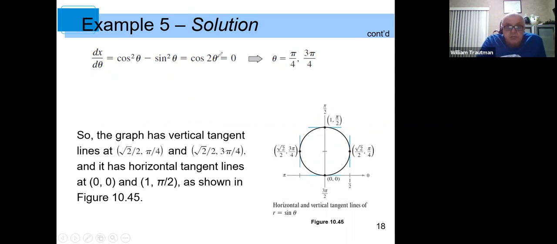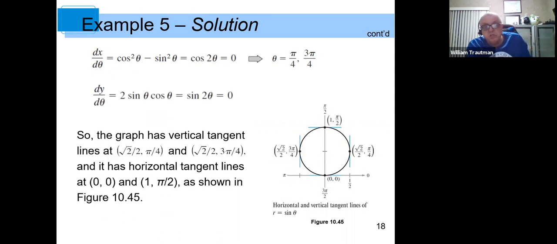On the second one, same thing we already said: 0 and pi.